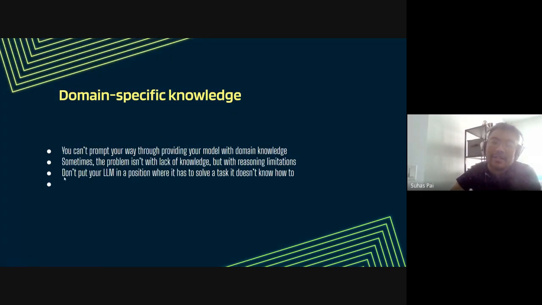In the end, don't put your LLM in a position where it has to solve a task it doesn't know how to. And this is where, when people call prompt engineering a dark art, there are still things that people don't understand, but overall it goes back to this.